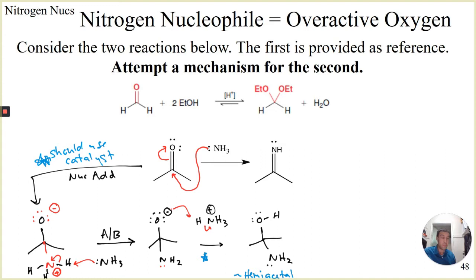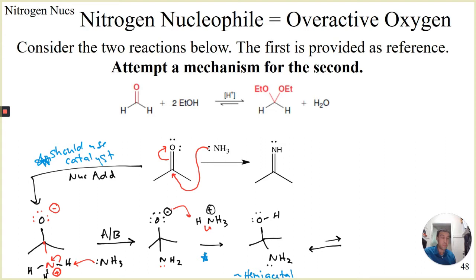If we go full-on strong acid catalyst, that becomes a problem because the nitrogen, as we said, was basic. And if we go full-on strong acid, we're going to neutralize that nucleophile. So we really need to run under kind of mildly acidic conditions. Those mild acidic conditions are not going to drive this step forward very well.